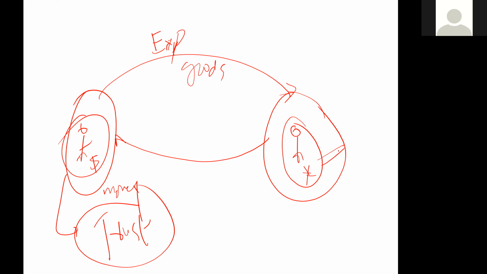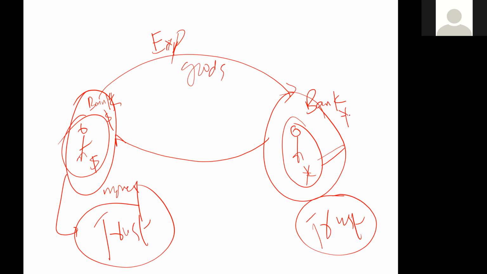The Chinese person will say, what if I get the wrong goods, not according to my specification? So he also has trust issues. In order to strengthen the trust, they hire banks in both countries, right?